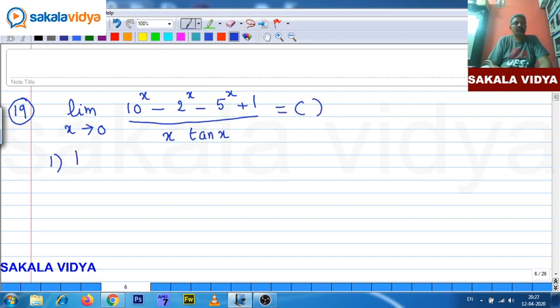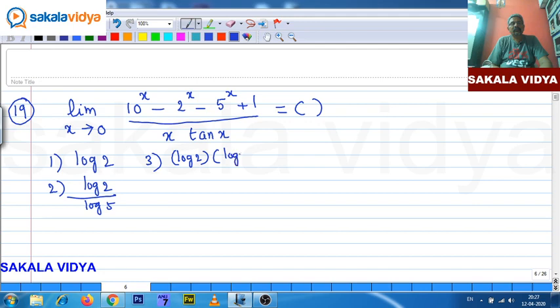First option is log 2, second option is log 2 by log 5, third option is log 2 into log 5, fourth option is log 10. This is the question.